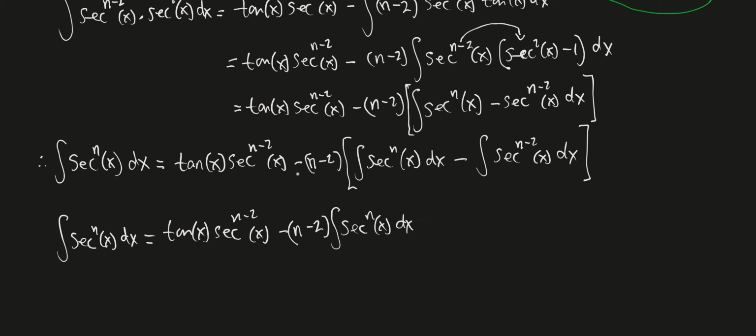And again, if I take this constant and multiply the second integral, then that negative and this negative make the product a positive n minus 2 times the integral of secant to the n minus 2 power with respect to x.